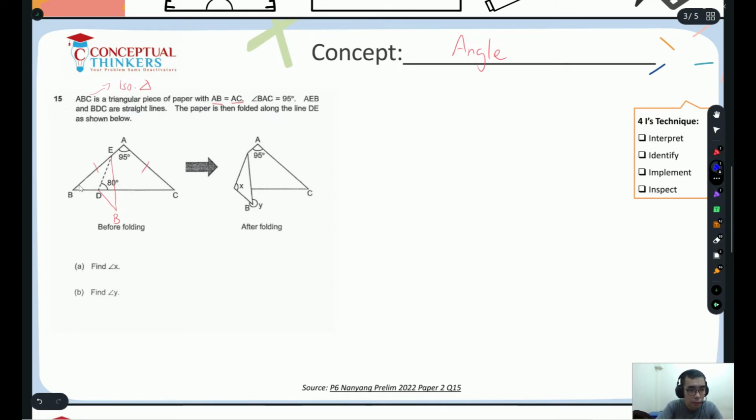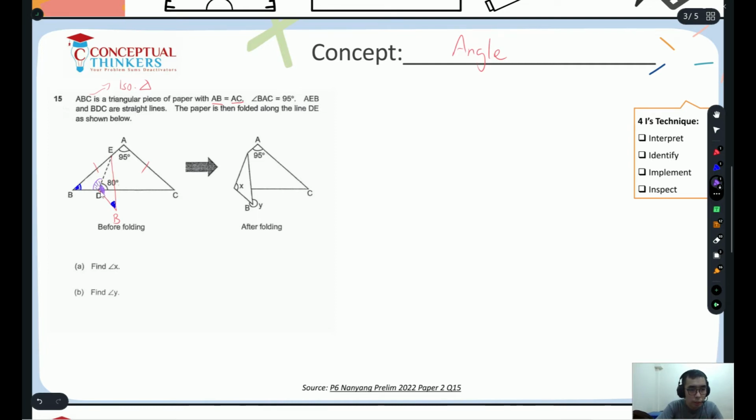Now this angle here will be equal to this angle here. This is actually useful for part B later. Next, this angle here will be equal to this angle here. I'm going to shade this, so this will be the same angle.